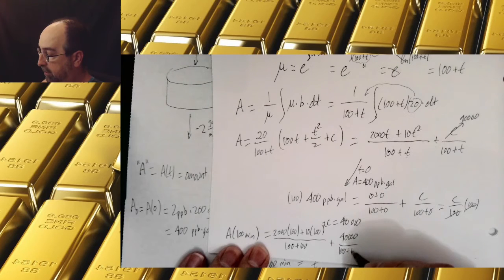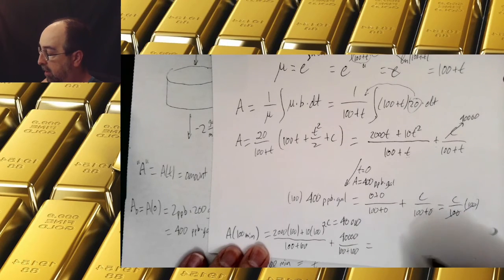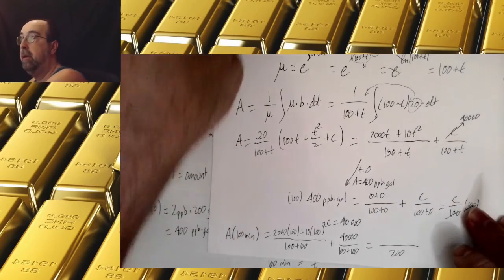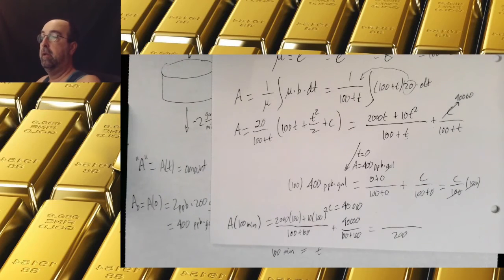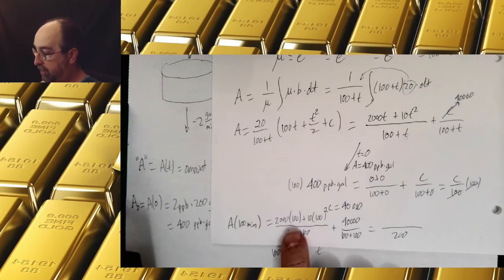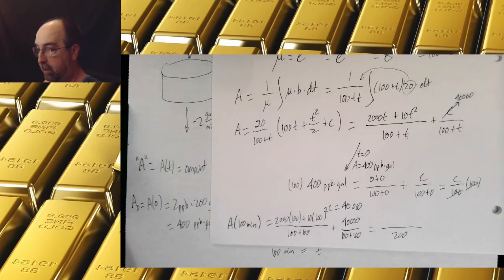I'm being a little silly now. The bottom is definitely 200. So the top is 2,000 times 100 plus 10 times 100 squared.